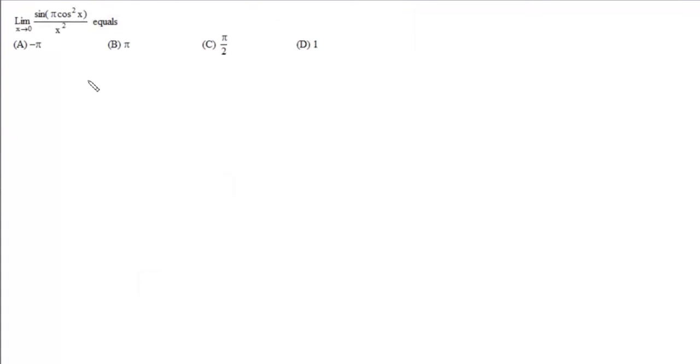Now here the question is, we need to solve this limit, which is limit x tends to 0 sine of (pi into cos square x) upon x square. Now sine pi is 0, so this is 0 upon 0 form.